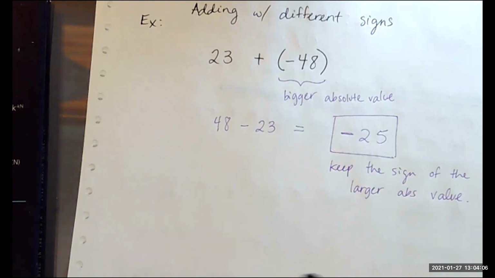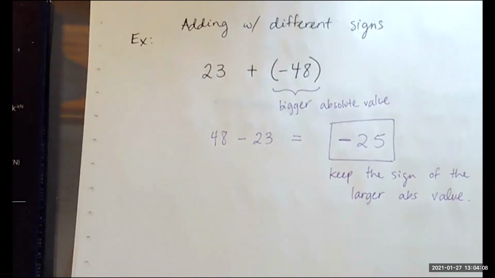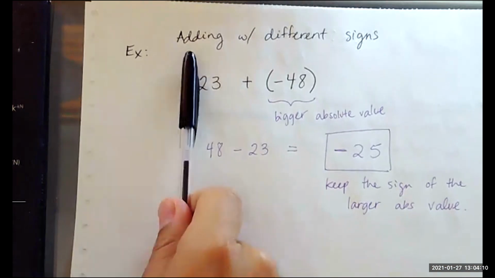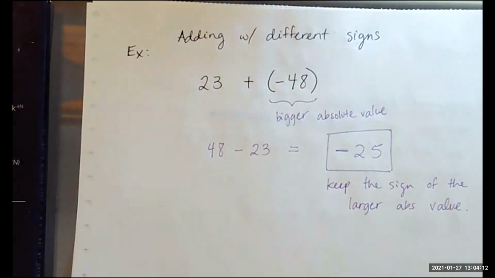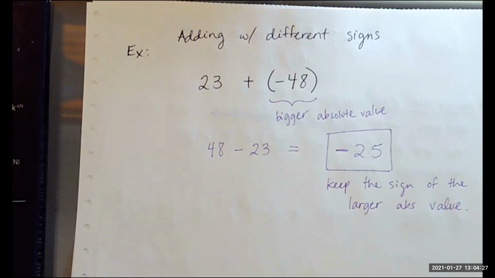But again, that rule of thumb only works for adding numbers with different signs. Because we're here in college algebra, I have to assume that we know how to add positive and negative numbers, so I'm not going to take too much class time to rehash these rules.